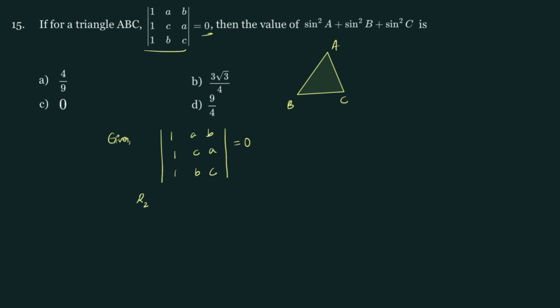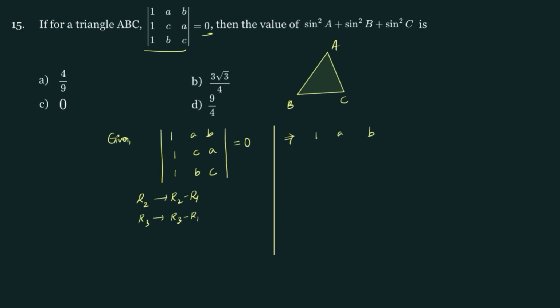Let us change row 2 to row 2 minus row 1 and row 3 to row 3 minus row 1. Then the determinant will be: the first row is not changing, so it will be 1, a and b.